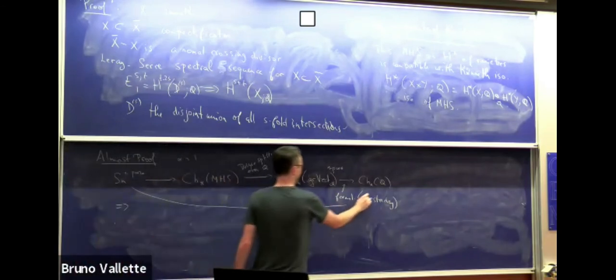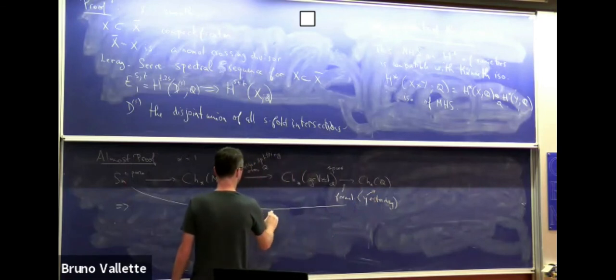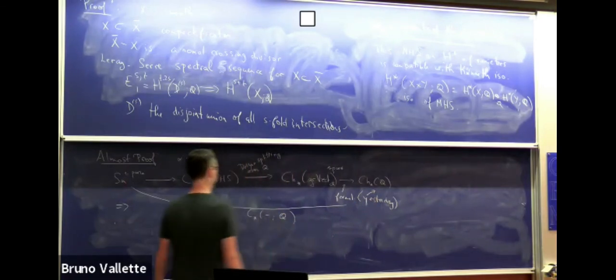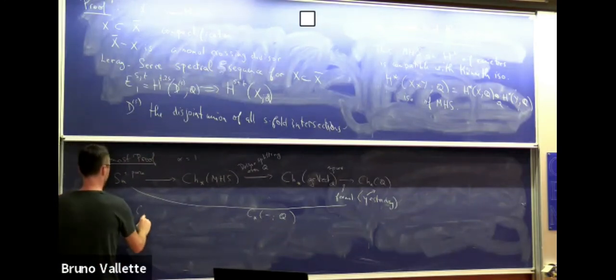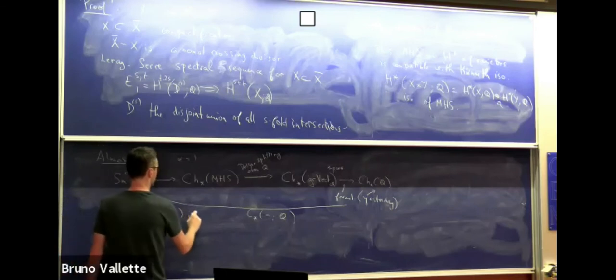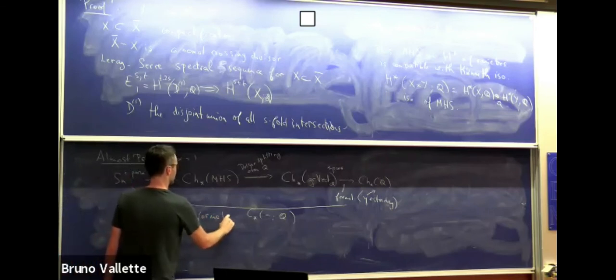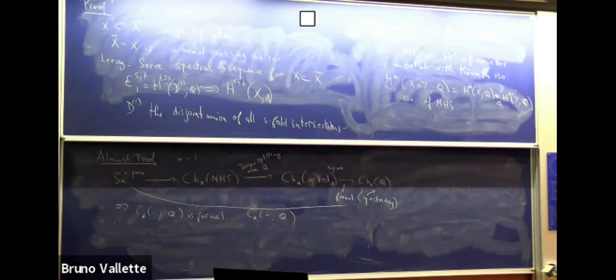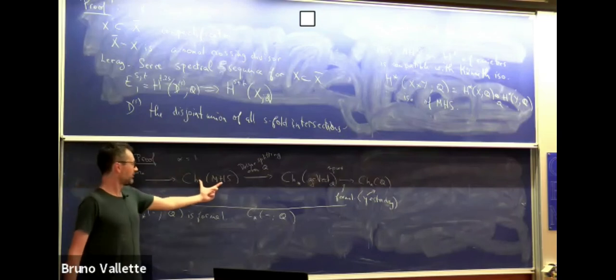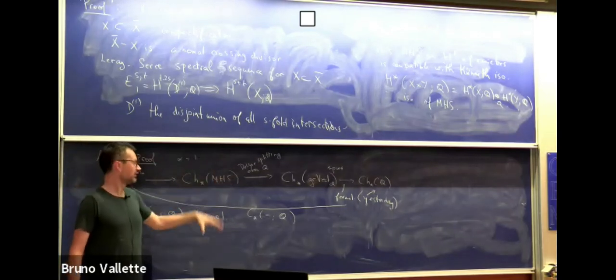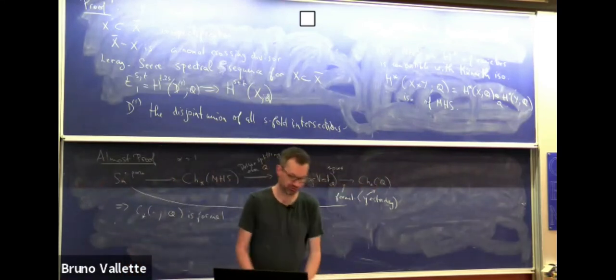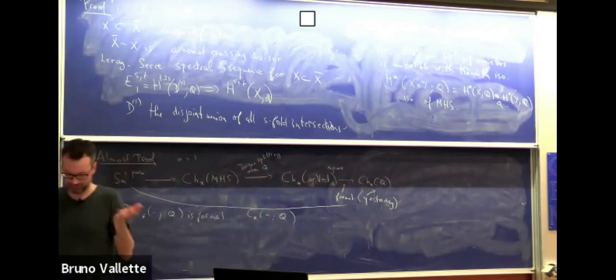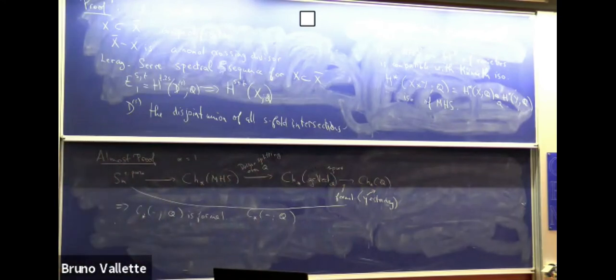The claim is that this composite is quasi-isomorphic to the singular chain functor. So this implies that the singular chain functor is formal. Essentially, you see that this works modulo being able to promote the singular chain functor to a functor which lands in chain complexes of mixed Hodge structures.